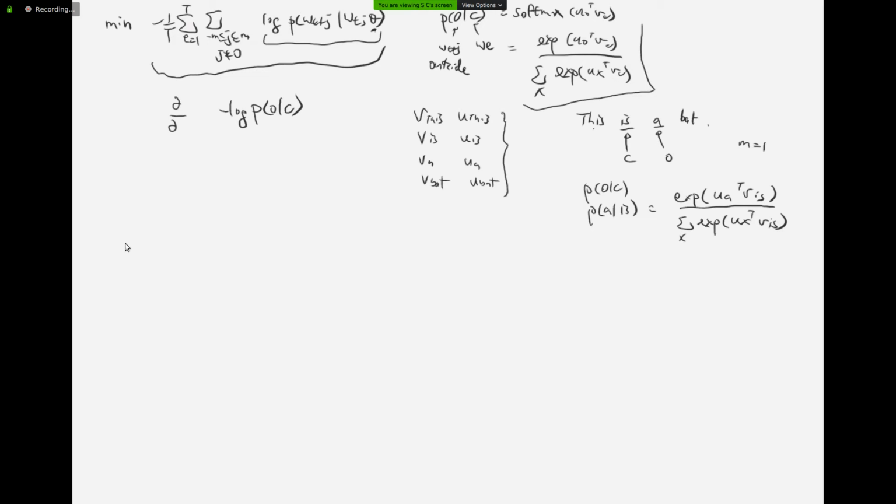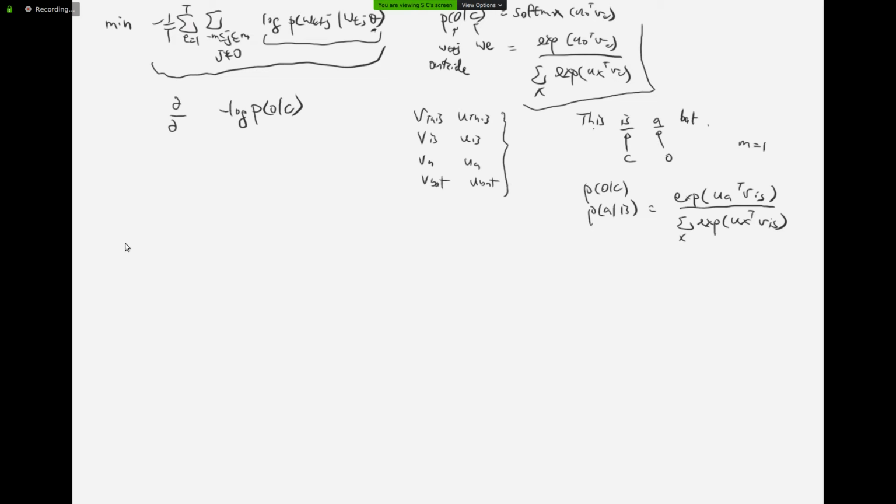In practice, this can be quite expensive, and we will defer this discussion until later. But here, let's only focus on how this changes with respect to u_O and v_C.